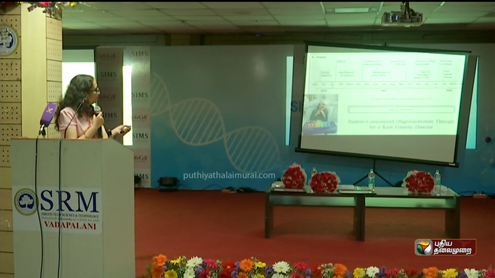After all this involved animal studies and other trials, this is the girl who received this particular drug, and this is the future where we can hopefully for every patient design a mutation specific drug and finally offer treatment for all these genetic conditions.